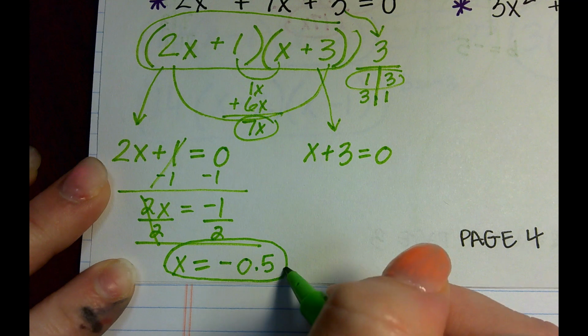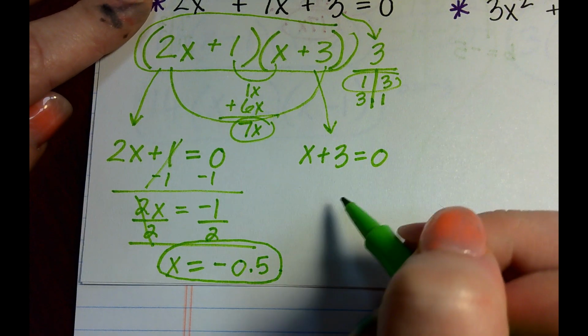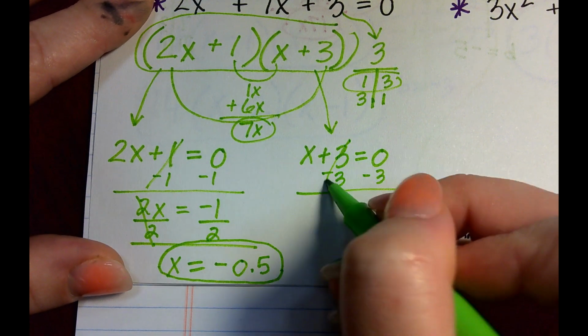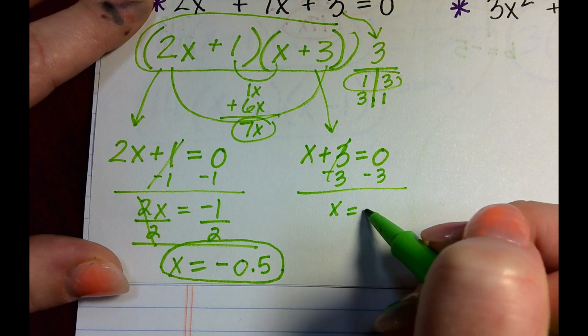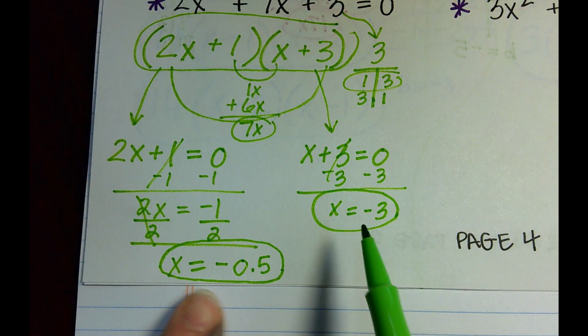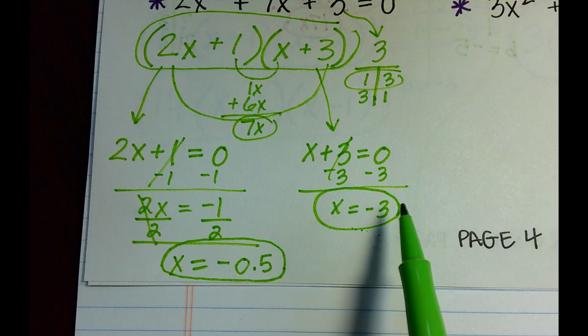That's our first value of x. And the second one, we just subtract 3 from both sides and we get x equals negative 3. This would be your answer.